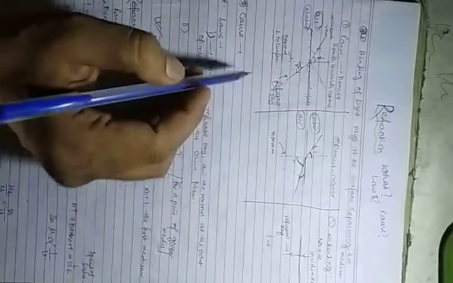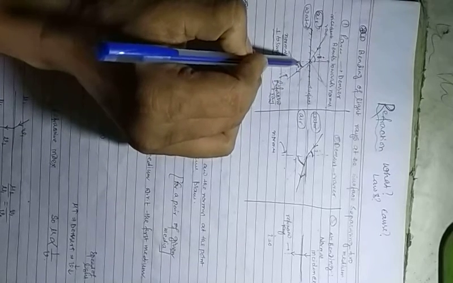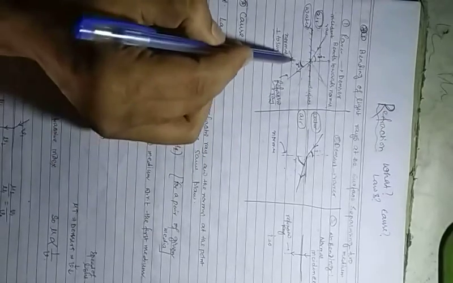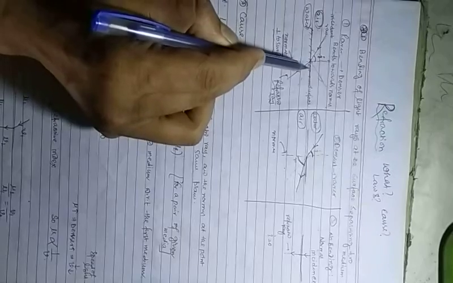Just remember this. So the angle of incidence and the angle of refraction, you can see over here, are measured with the normal, not with the surface. Never draw the angle with the surface. Sometimes you may make this mistake.